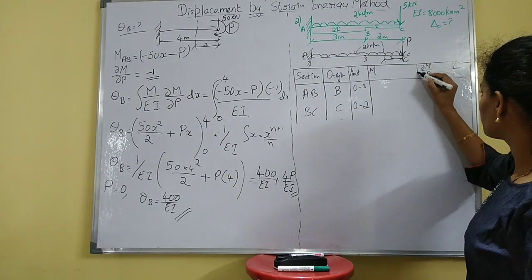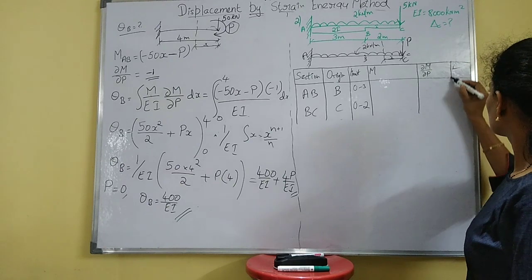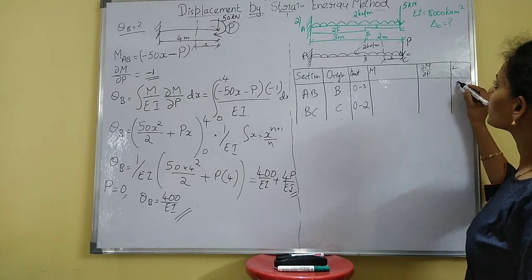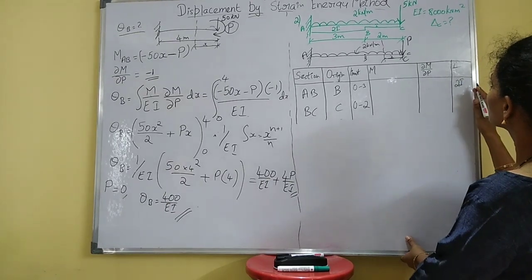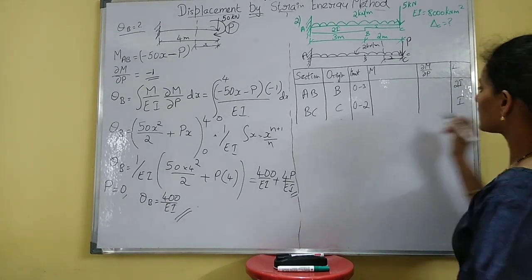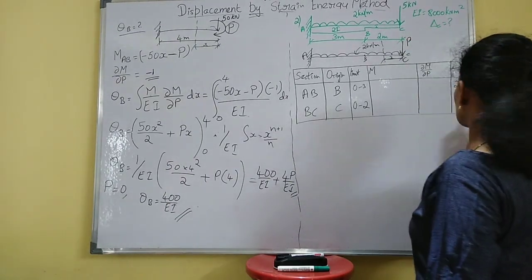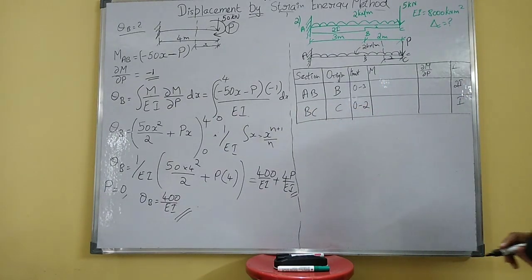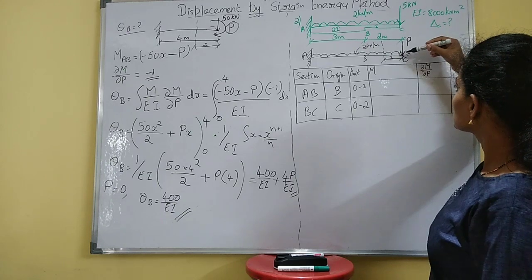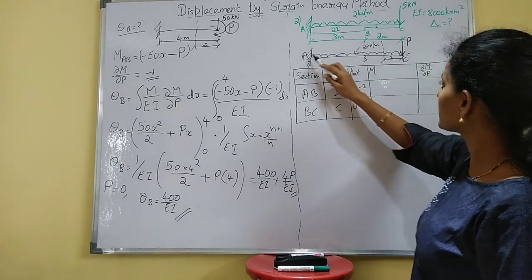Now find out bending moment. I is, for AB you have 2I and for BC you have I. First bending moment M, for member AB.